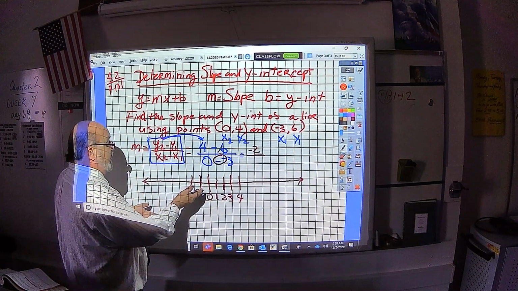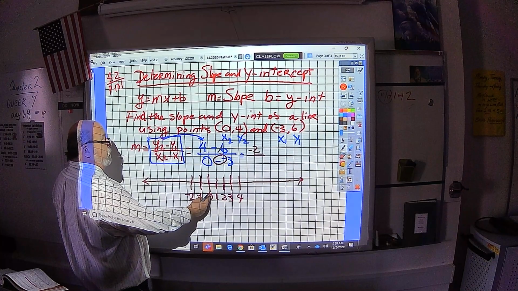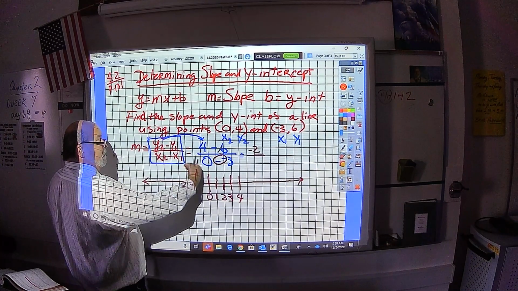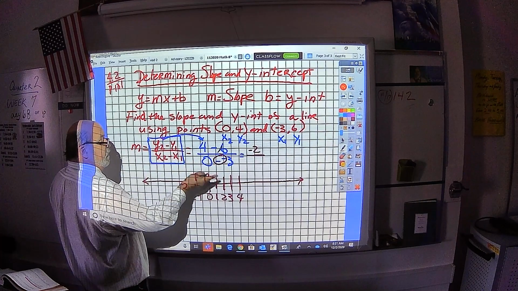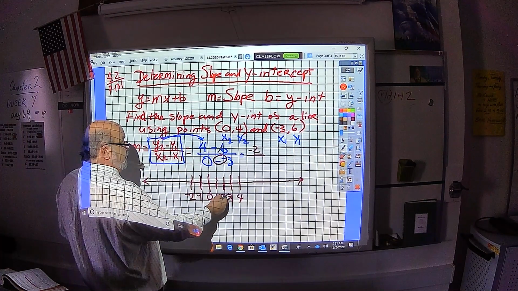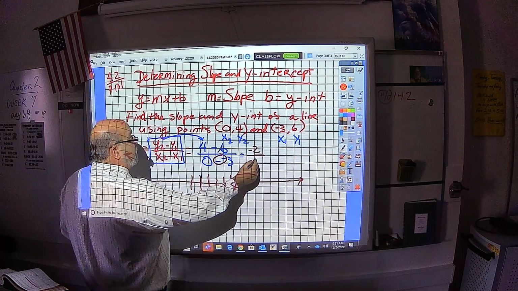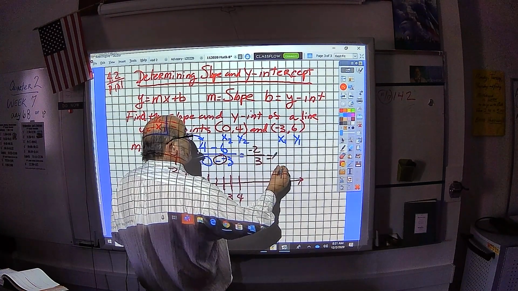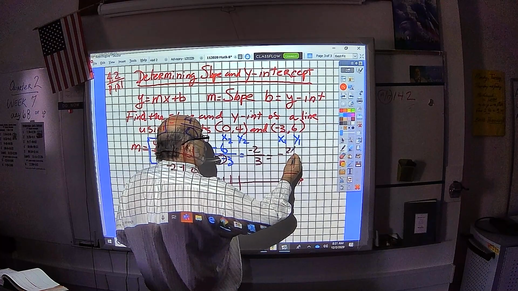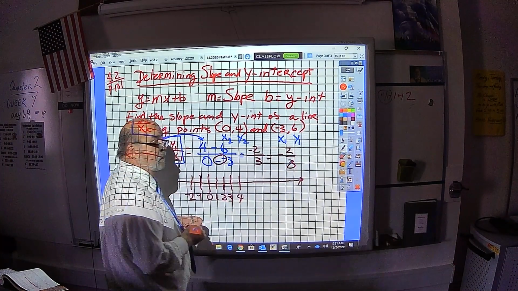But if you're looking at it here, we want 0 and we want to subtract. Well, we can't subtract the negative. We have to turn it around and go the other way. So it's going to be 0 plus 3, which is 3. So our slope here is -2 over 3. All right.